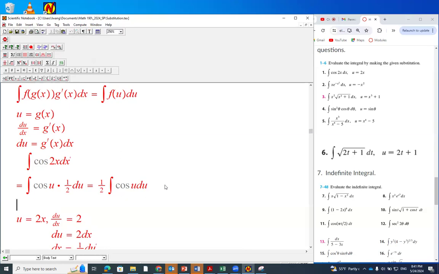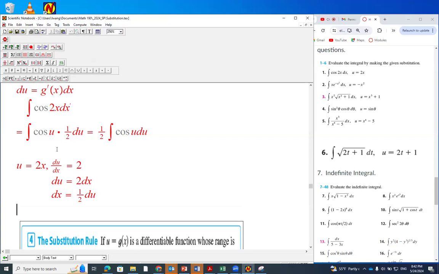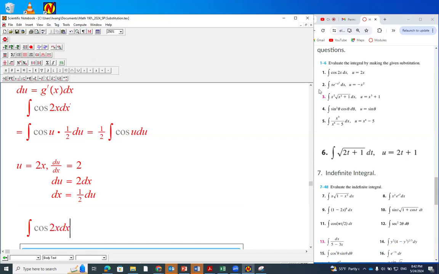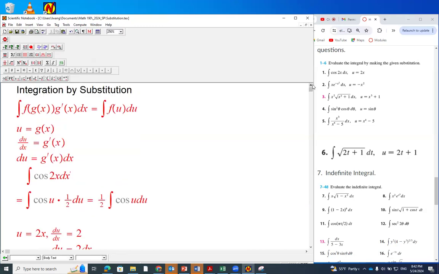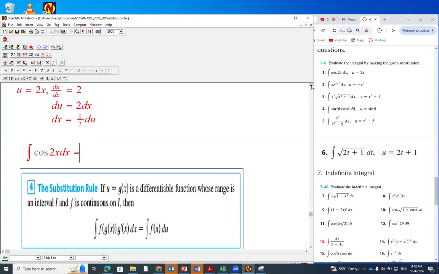The other way to handle this is to also utilize this relationship. Whichever way is convenient for you. Our goal is to make a situation like this, where we have it in the box. Knowing u is 2x, du is 2 times dx. So what you can do is, on this piece, you already have the u, and 2 times dx is du.